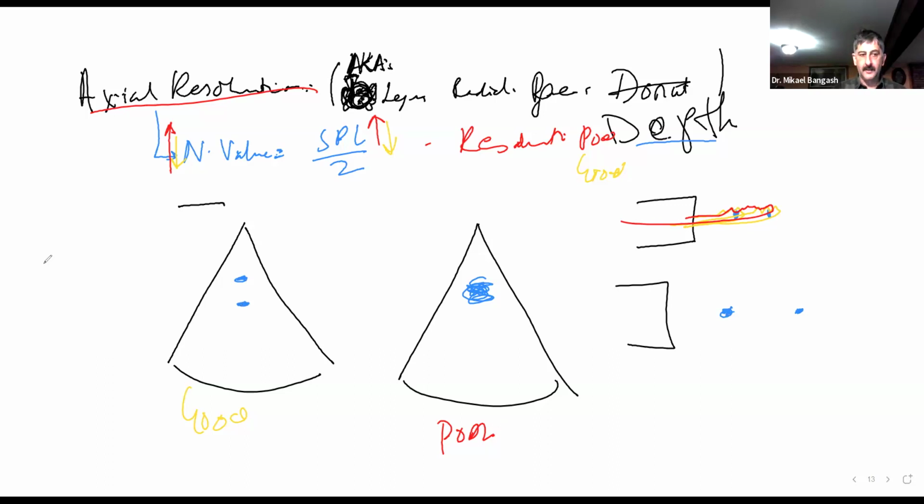So a poor axial resolution is going to lead to an artifact.